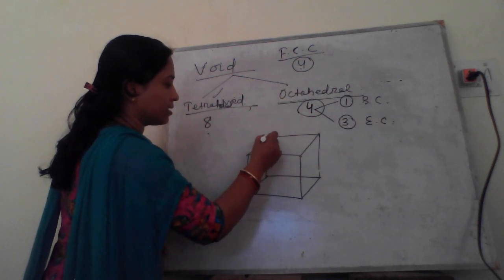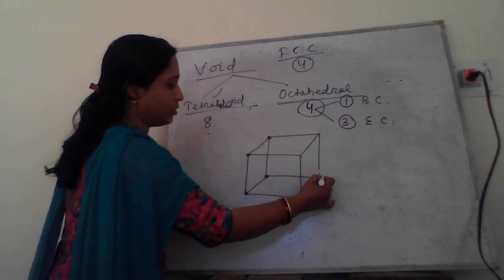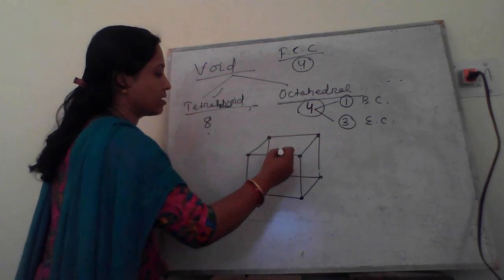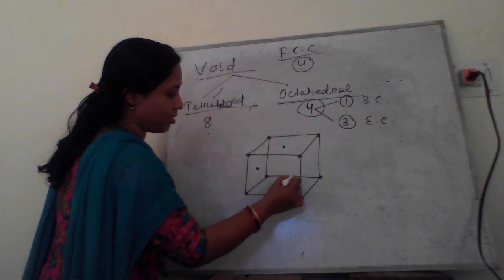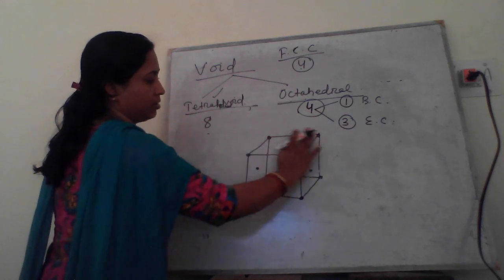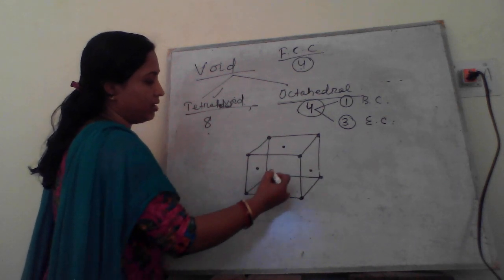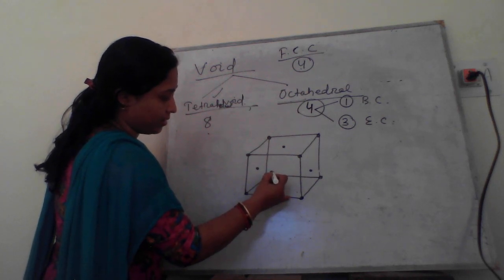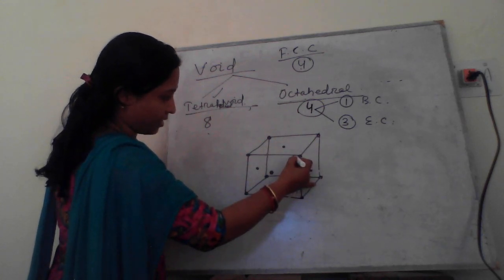So 8 particles are present at 8 corners and 6 particles at 6 faces. These are 4 sides. Then one is at the center of the front face and another at the back face. I draw this here.